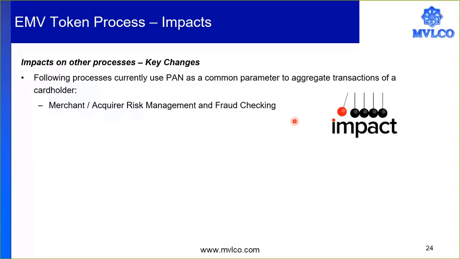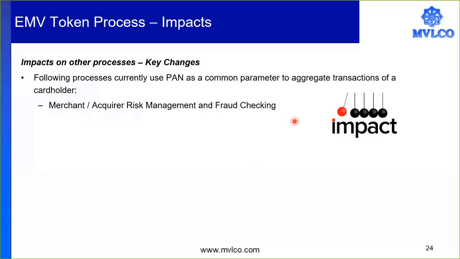As you would be aware, under the AML guidelines or combating financing of terrorism, or from a fraud detection perspective as well, everybody is required to analyze the kinds of transactions, right? Is there any potential fraud or potential money laundering happening? So for those reasons, what was being considered so far was the primary account number. I would aggregate or identify all those transactions based on the primary account number.